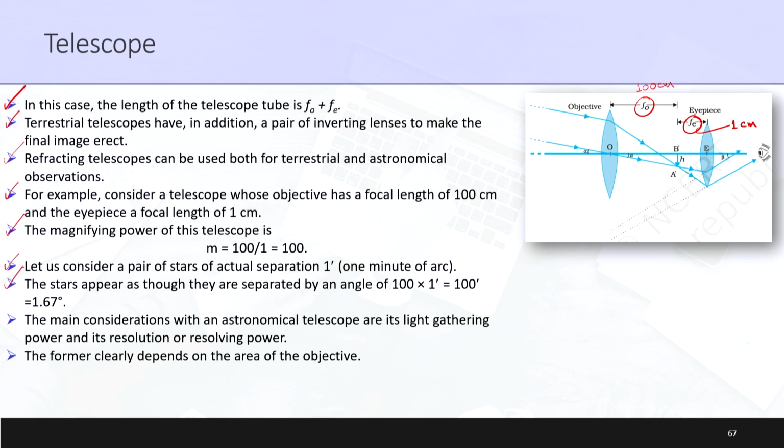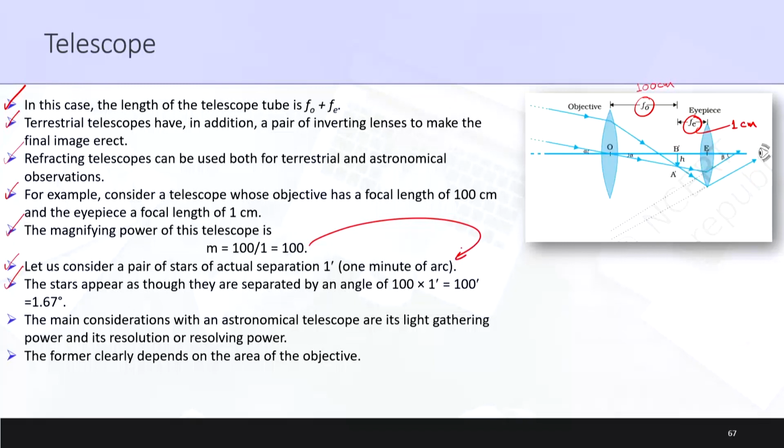So the magnification is such that we view the stars as if they are separated by a 1.67 degree angle, whereas initially they are separated by only 1 minute. This is just the application part. You just need to understand the actual meaning of magnification here.